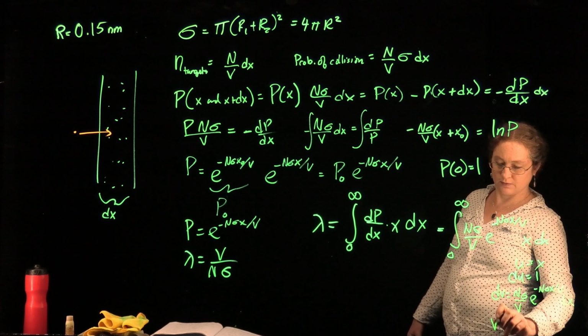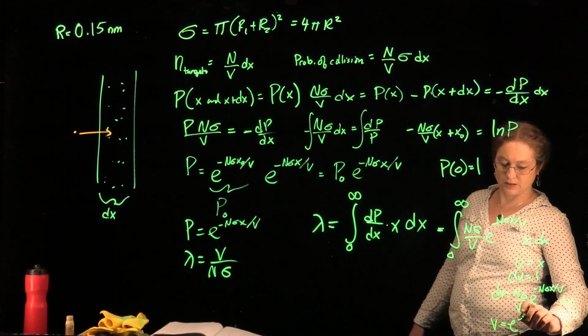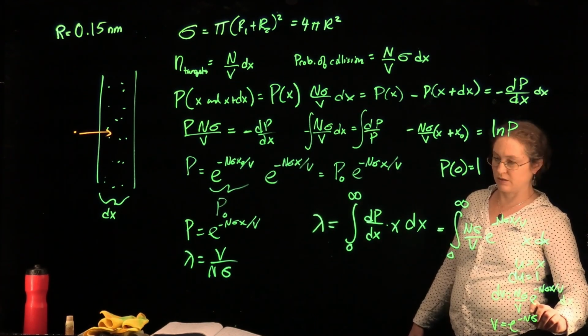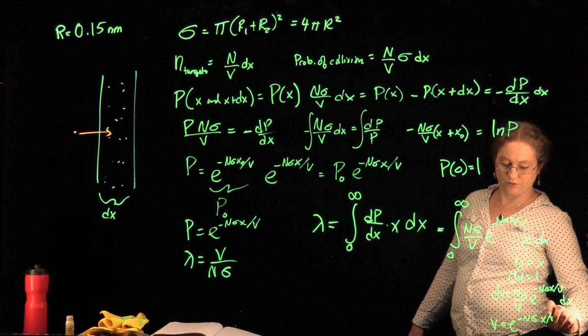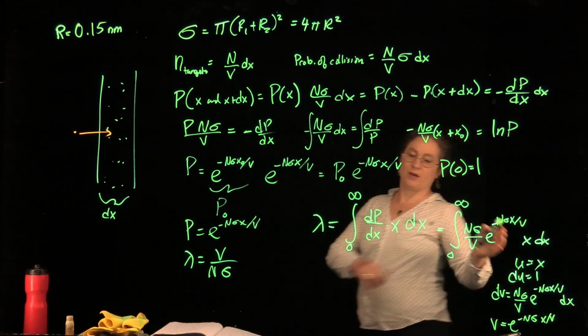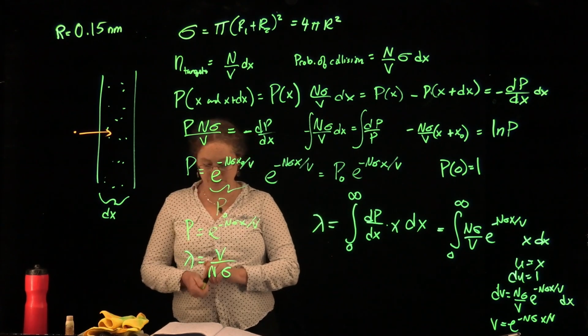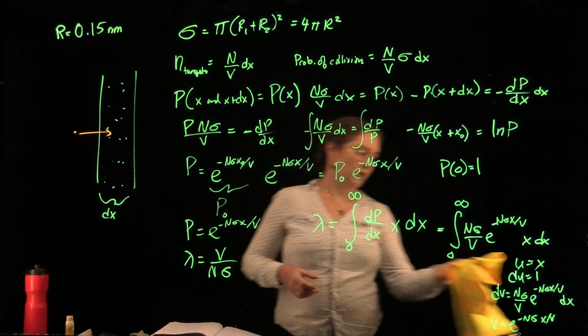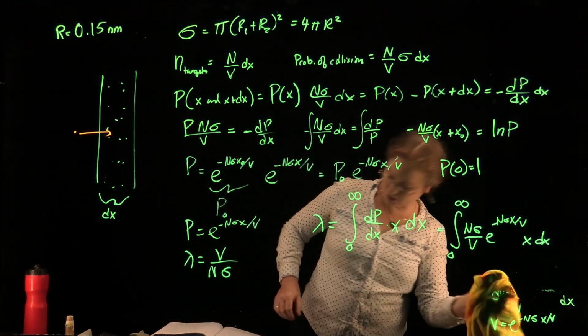So v equals e to the negative n sigma x over v. Integrate by parts, plug the limits in, and you will get this answer. I'm not going to work through the calculus here.